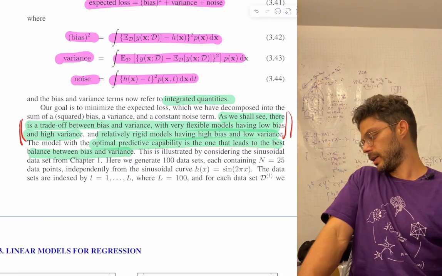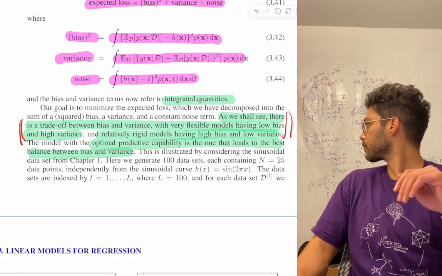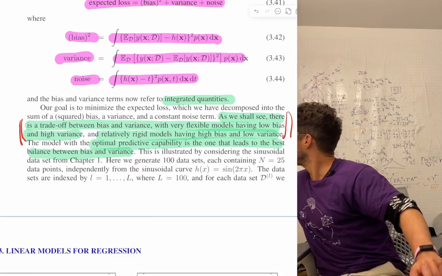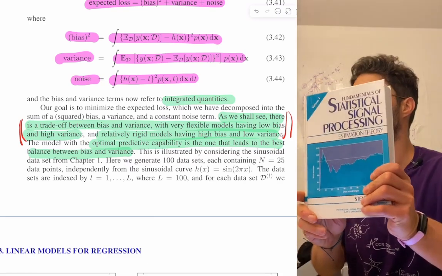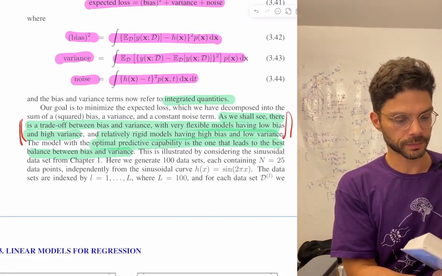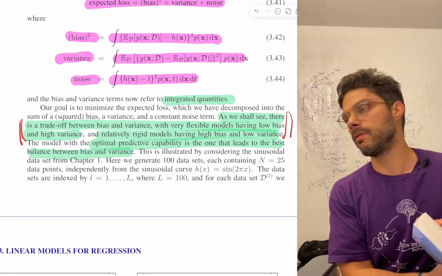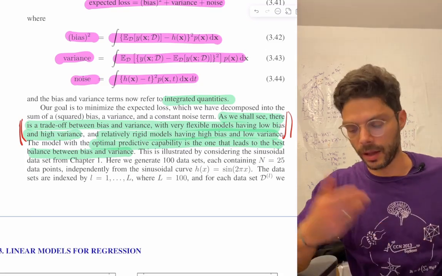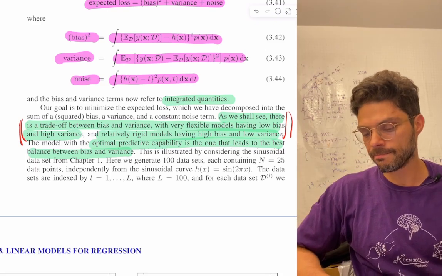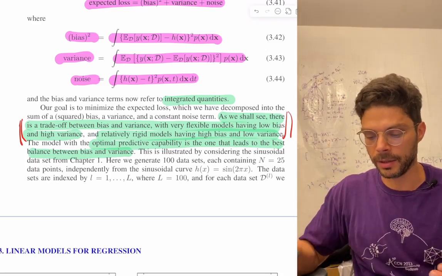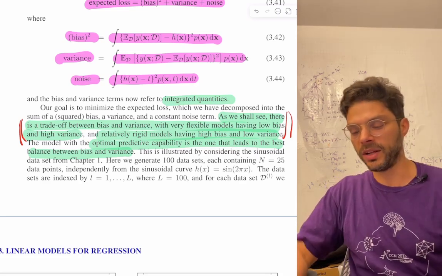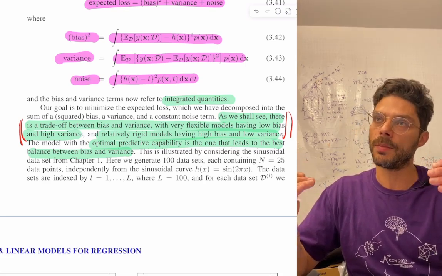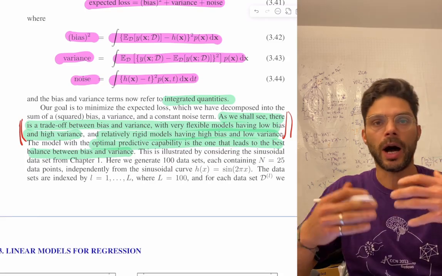Okay, so one point that comes up: let me grab one of these books here. This is a signal processing book, and there's a whole section in here on minimum variance unbiased estimators and things like this, right? I think the mathematics of it is beautiful, and it's nice to be able to work it out. But the point of this section is that if you want to minimize your squared error, you don't necessarily care about unbiased estimators.